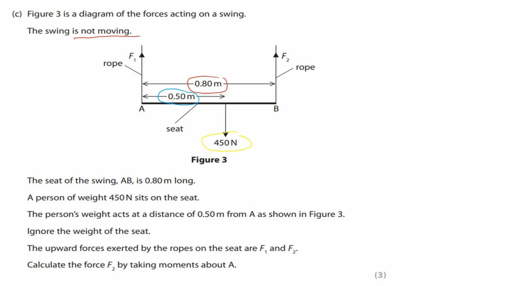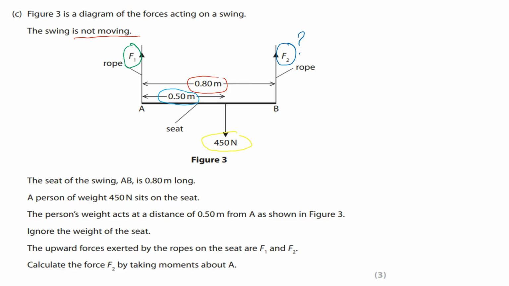The upward forces exerted by the ropes on the seat are F1 and F2. Now the question is, calculate the force F2 by taking moments about A.